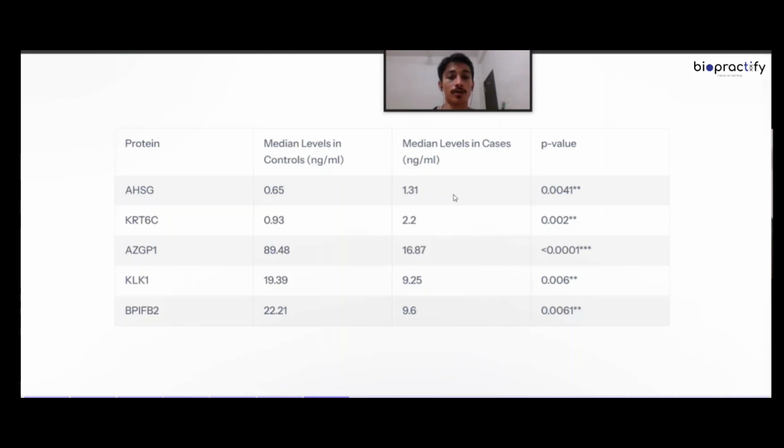And in the OSCC cases, AZGP1 was 16.87 nanogram per ml, KLK1 was found to be 0.25, and BPIFB2 at 9.6. And they also mentioned the p-values for these as well. So we can say that significant upregulation and a drastic change in the downregulation was seen as well.